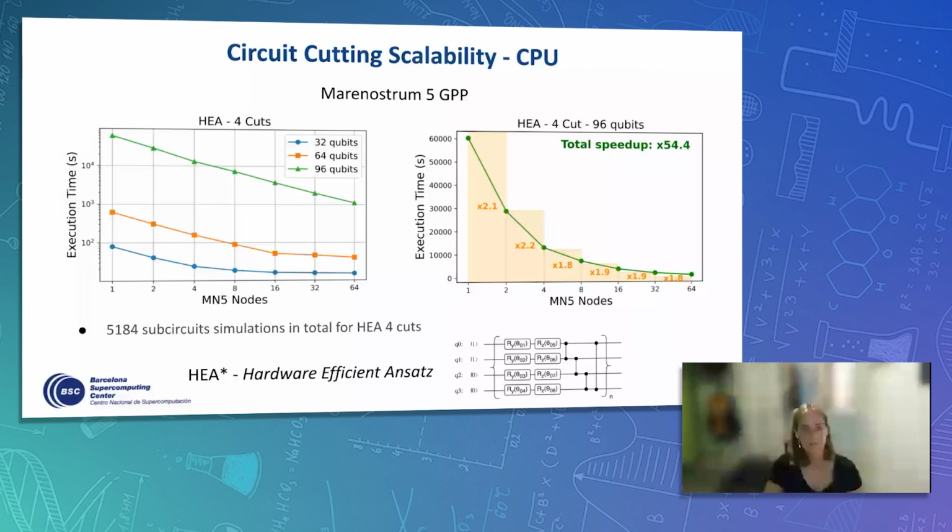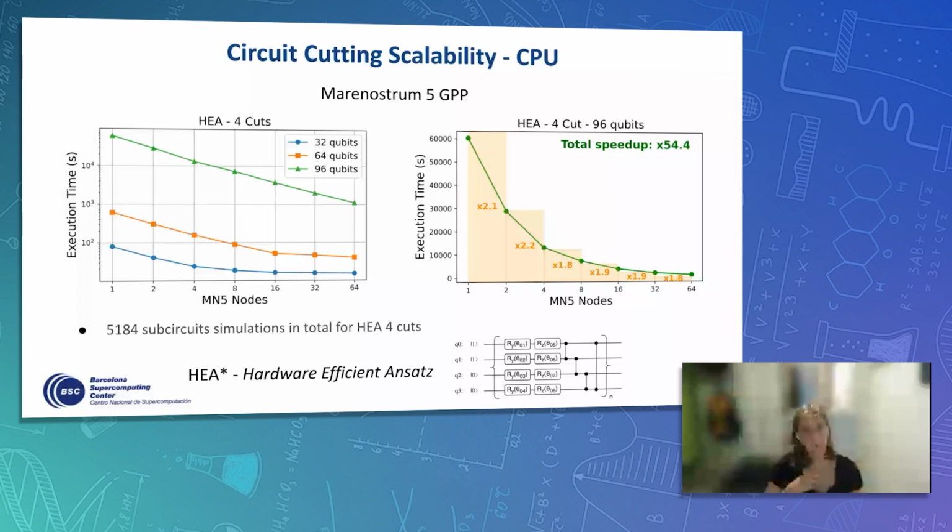First of all, here we're running a hardware efficient ansatz that has this shape of two layers of rotational gates, and then all the qubits connected in cascade with 2-qubit gates. And what we can see is we have three different circuit examples: 32 qubits, 64 qubits, and 96 qubits. Obviously, as we have more qubits, it is slower.